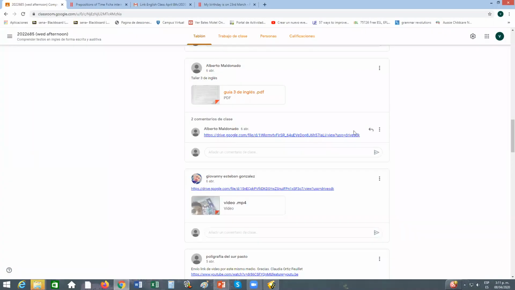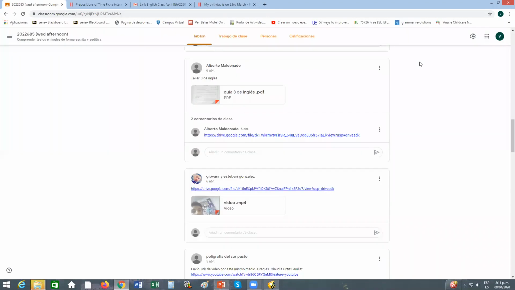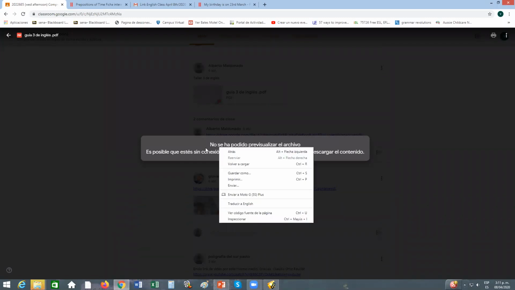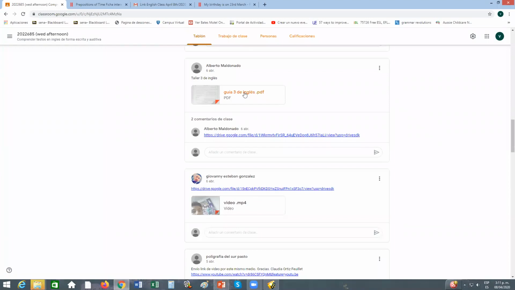Bueno, acá me toca, perdón. Es que me dice que sin conexión. Espérame un segundito. No me deja abrirlo, no sé por qué.